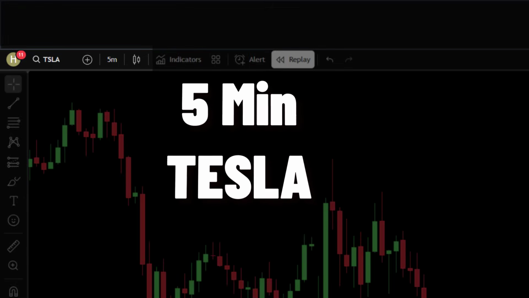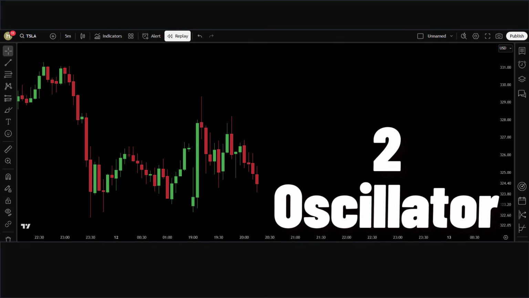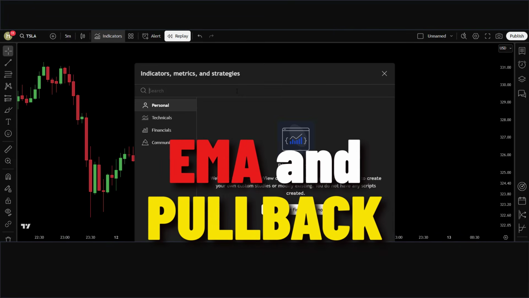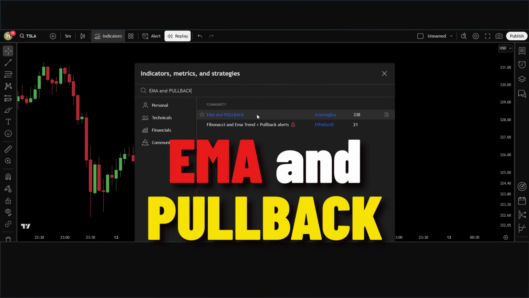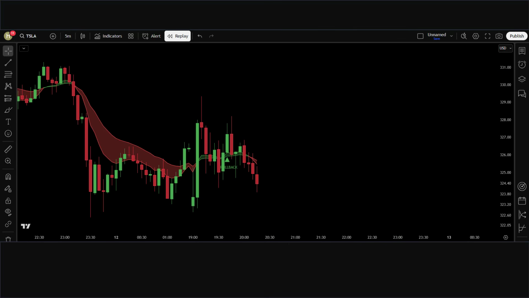We are going to test this strategy on the 5-minute time frame in the Tesla chart. In this setup we would require two oscillators. First indicator name is EMA and pullback. Keep the indicator settings as I have shown here.